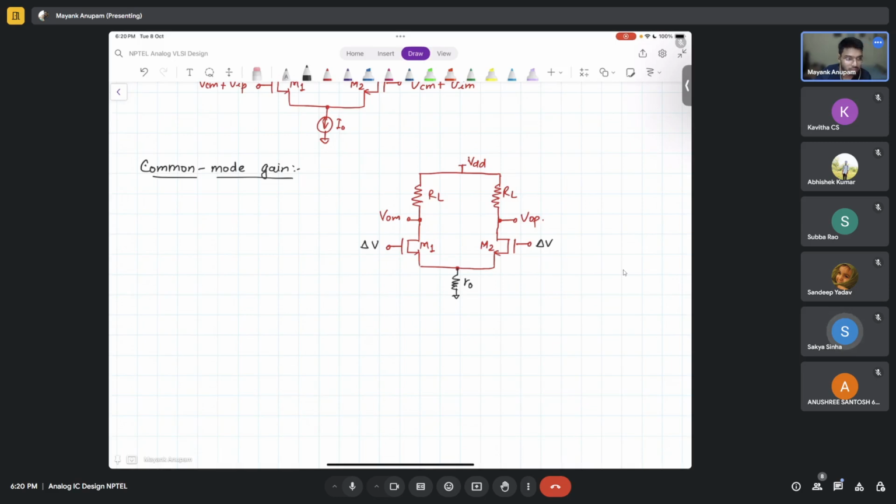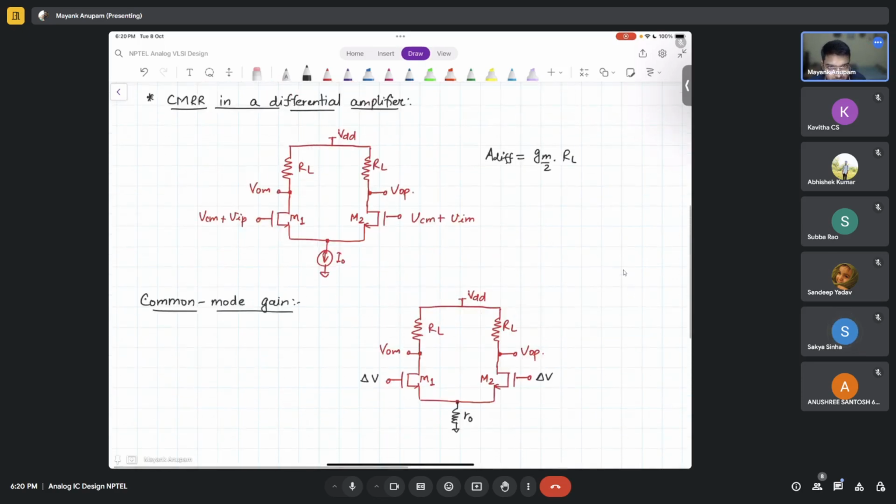Mayank, just a question. What is that VIM and VIP in the first figure? This is basically the small signal. VCM is the bias voltage, right?